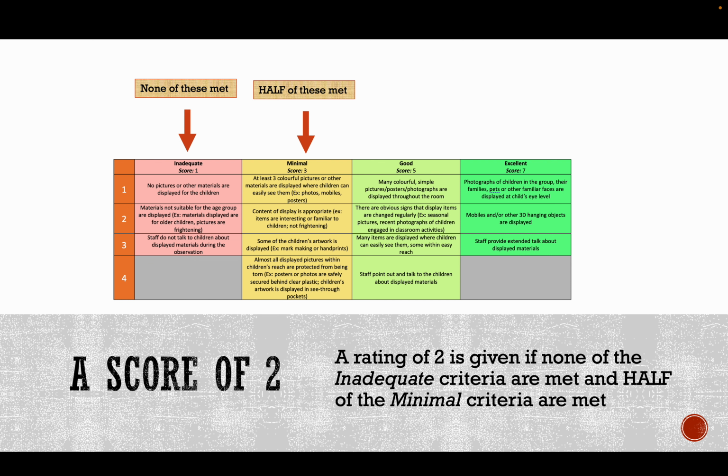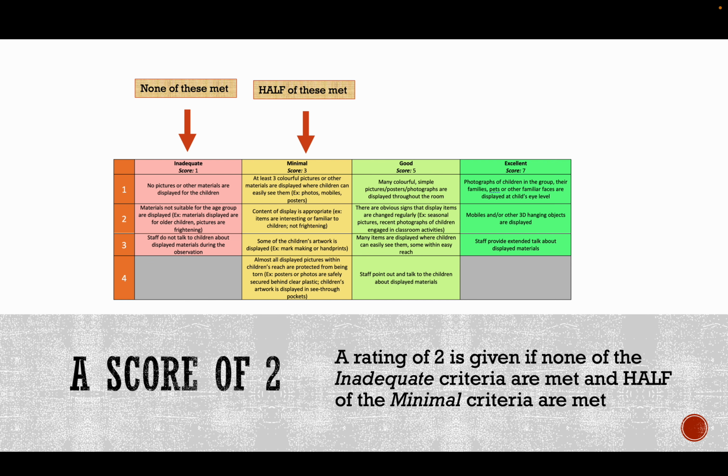A score of 2. In order to achieve 2, none of the inadequate can be met and half of these minimal criteria should be met. So in this example, we can see that there's 4 criteria listed under minimal.